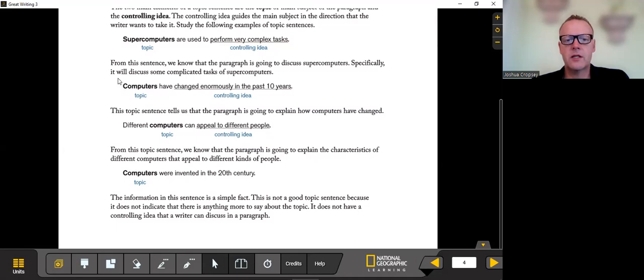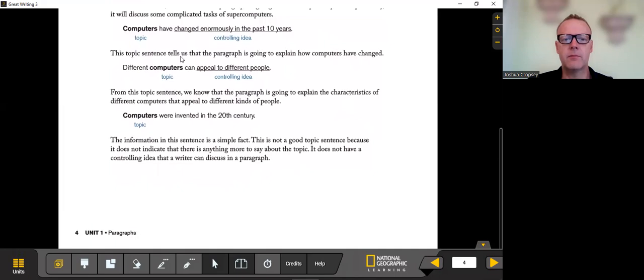Specifically, it will discuss some complicated tasks of supercomputers. Computers have changed enormously in the past 10 years. In the second example, the topic is computers, and the second part, the controlling idea, is changed enormously in the past 10 years. This topic sentence tells us that the paragraph is going to explain how computers have changed.